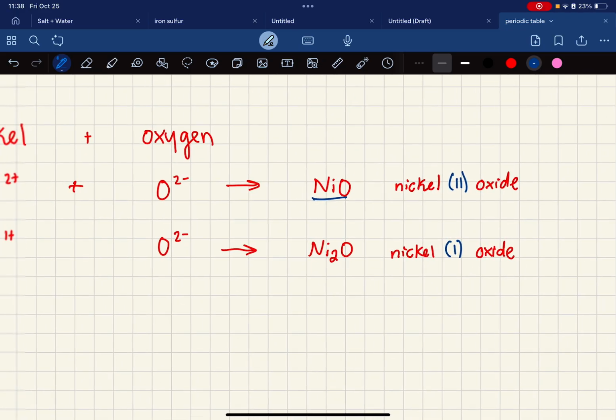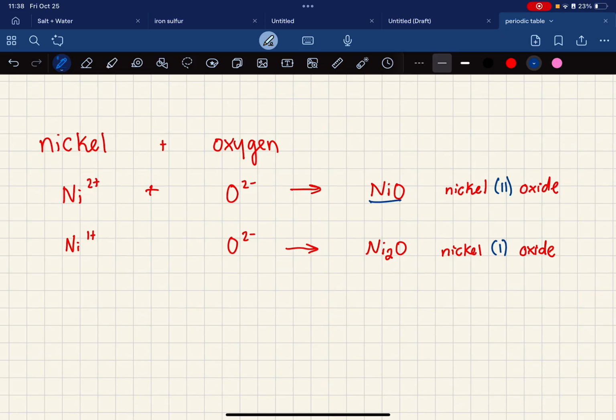And as you can probably tell, the Roman numeral there corresponds to the charge on the nickel ion. So if the nickel has a 2 plus charge, we call it nickel(II) oxide. If nickel has a 1 plus charge, we call it nickel(I) oxide. Cool?